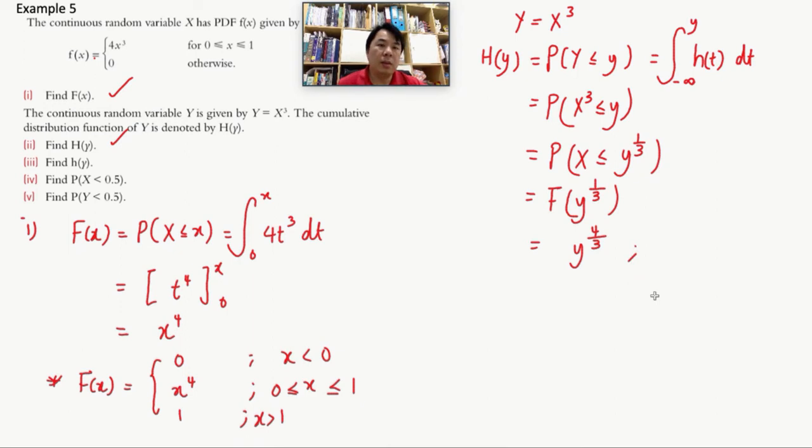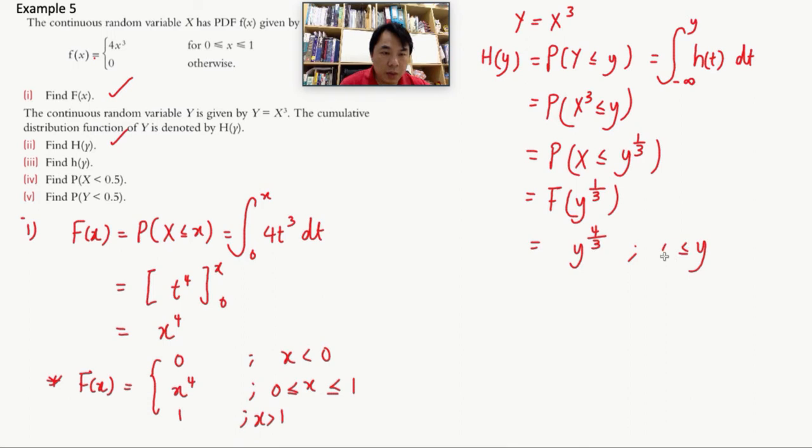Now, for any domain, there's another issue we need to clarify here. If you are using the density function for x, the domain is given as such. The domain for y, for the distribution function now, will be given as the cube of the value for x. Because it's 0 and 1, we are quite lucky in this case.